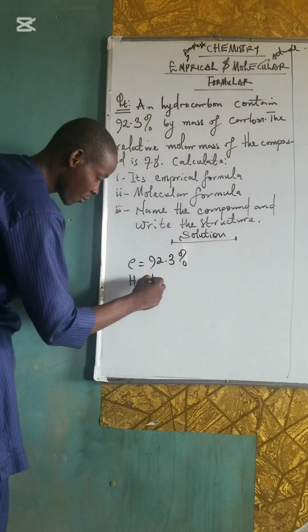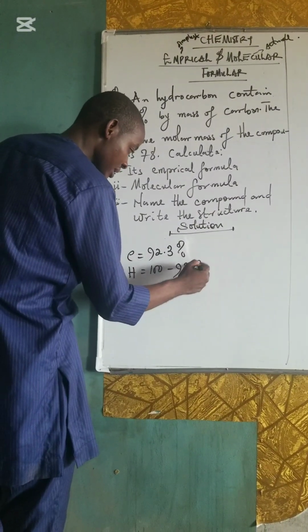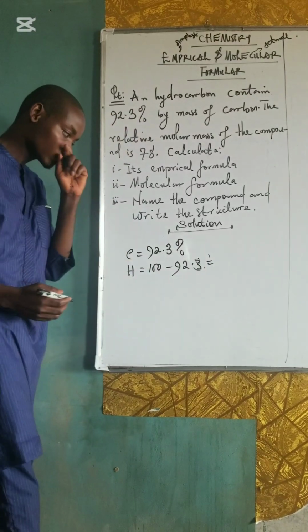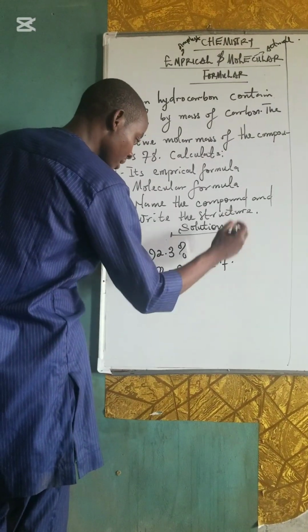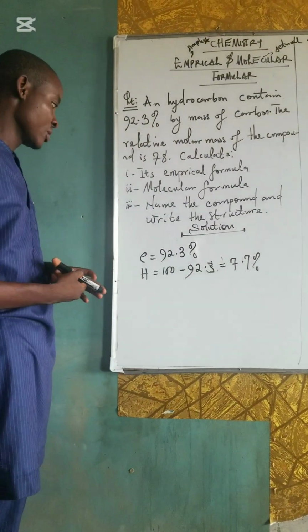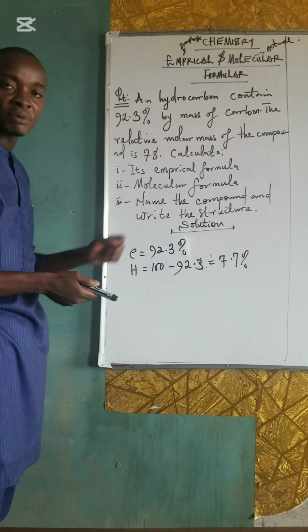So we are going to have 100 minus 92.3, which is going to be equals to 7.7%. Are we together now? So the next thing is, how do we intend to find the empirical formula?